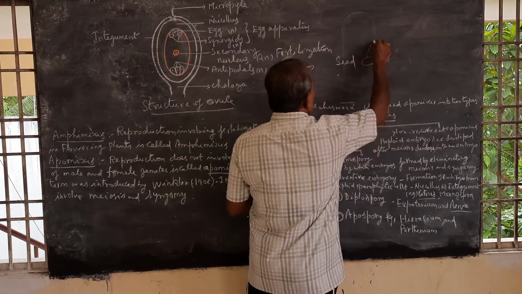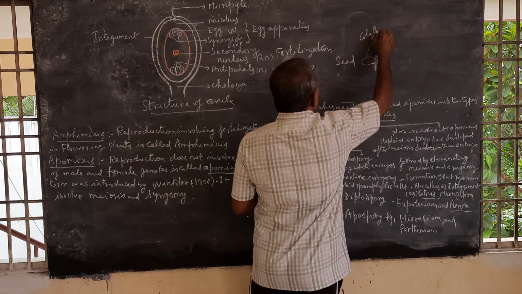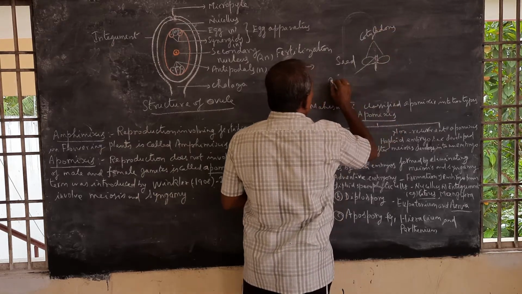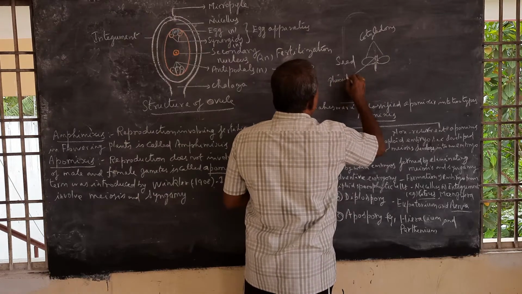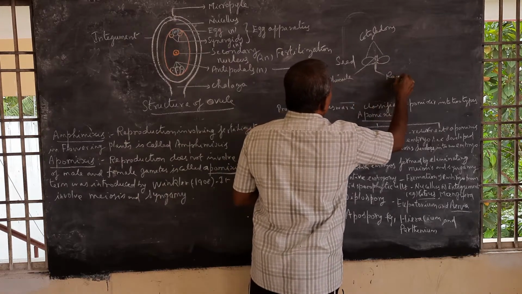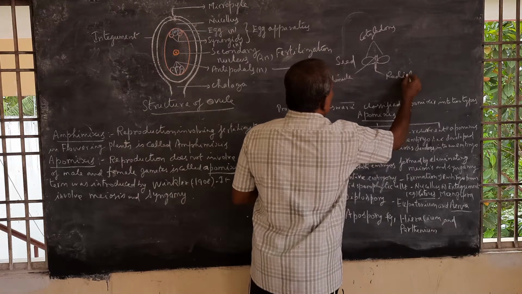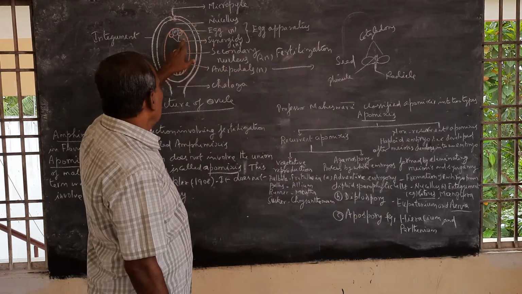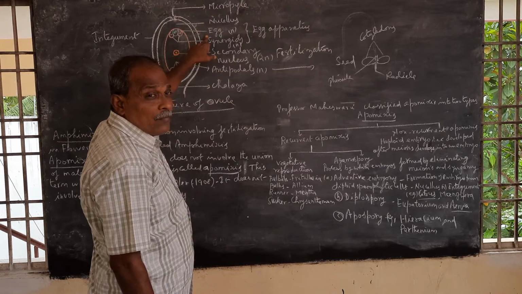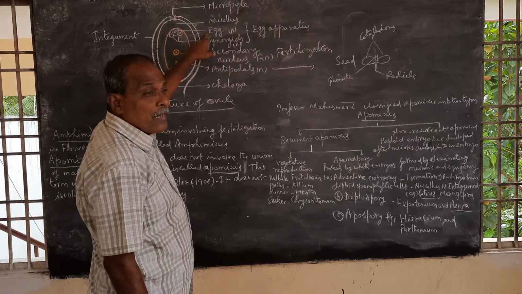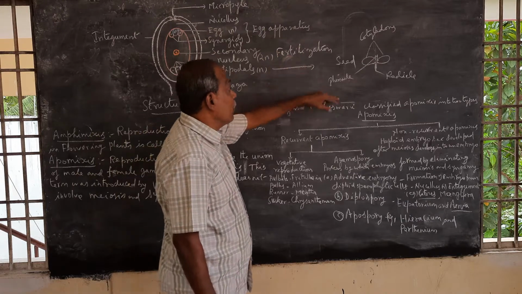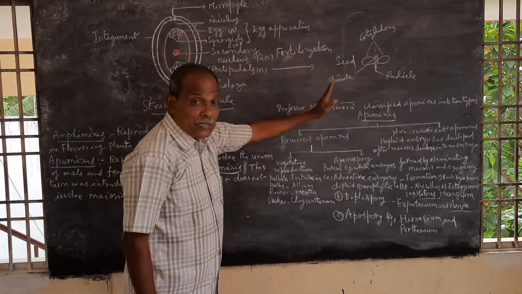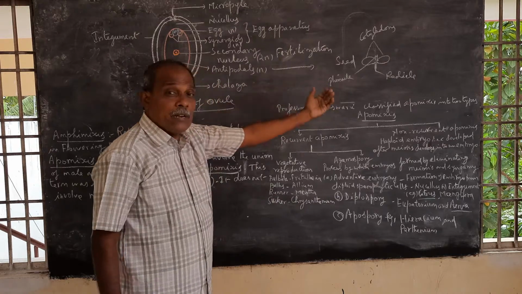This one is seen having 2 cotyledons. This part is the plumule. This one is the radicle. Which one develops into the embryo? The fertilized egg is called the zygote. The zygote develops into the embryo, from which you get all these things. So this is normal seed development.